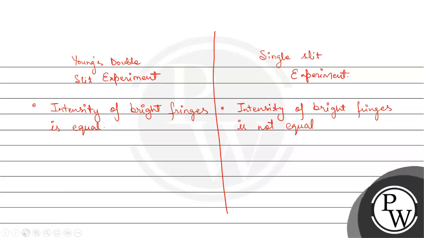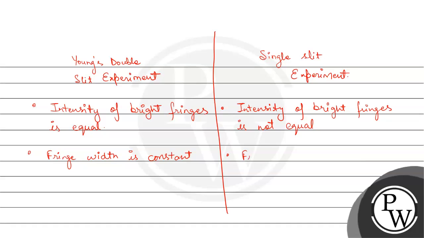And the second difference between them is that the fringe width of all the fringes in Young's double slit experiment is also equal. Hence, fringe width is constant, and in single slit experiment, the fringe width of the central maxima is the maximum, and then it keeps on decreasing as we increase the order of the fringes.